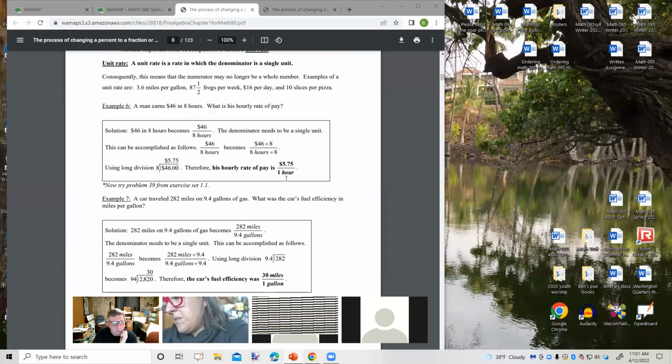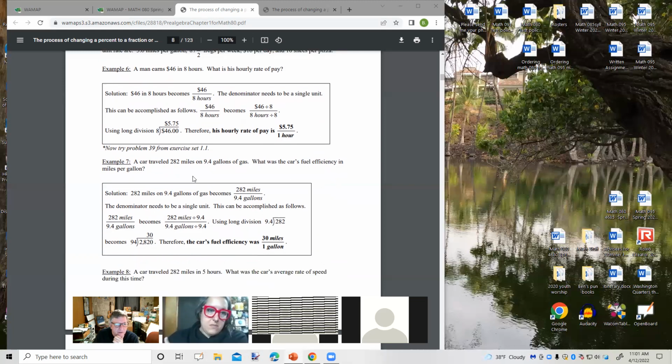Okay. Let's look at one more example here, and then we'll go and work some out. A car travels 282 miles on 9.4 gallons of gas. What was the car's fuel efficiency in miles per gallon? Now, it doesn't specifically say write it as a unit rate, but because it's miles per 1 gallon, and miles and gallons are not compatible units, you can't get rid of them.